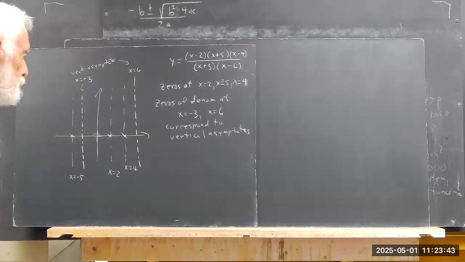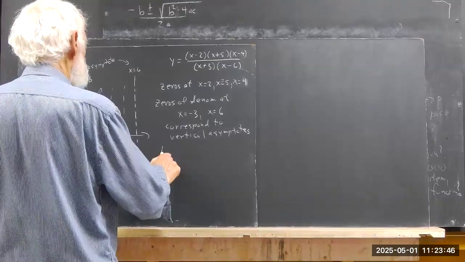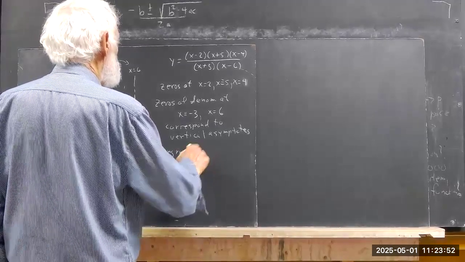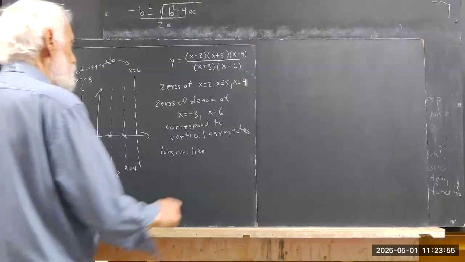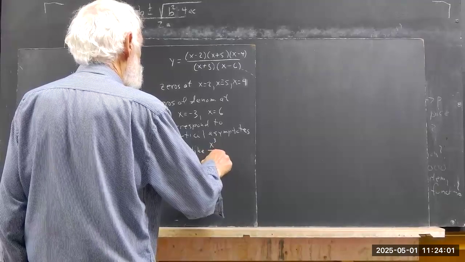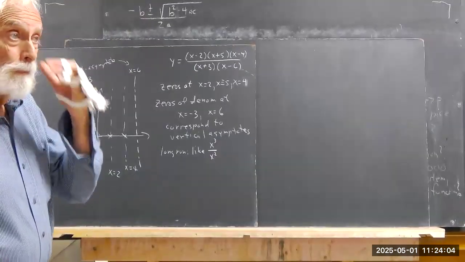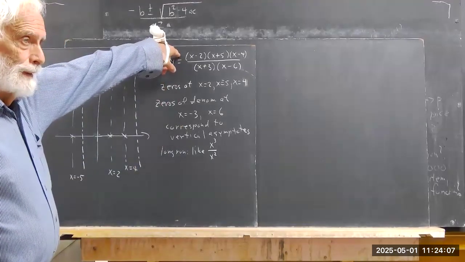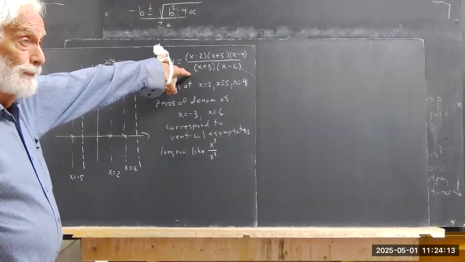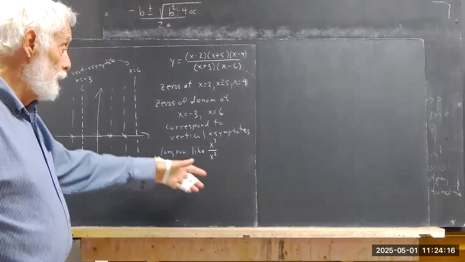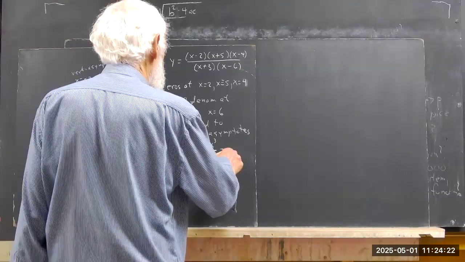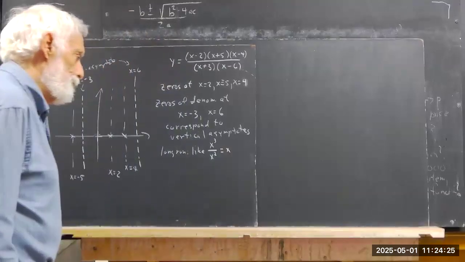Now, you have long run behavior, and it's like x cubed over x squared. Because if you zoom way back, this is like x cubed, and this is like x squared. Okay? All the lower powers become insignificant compared to x cubed and x squared. Equals x.